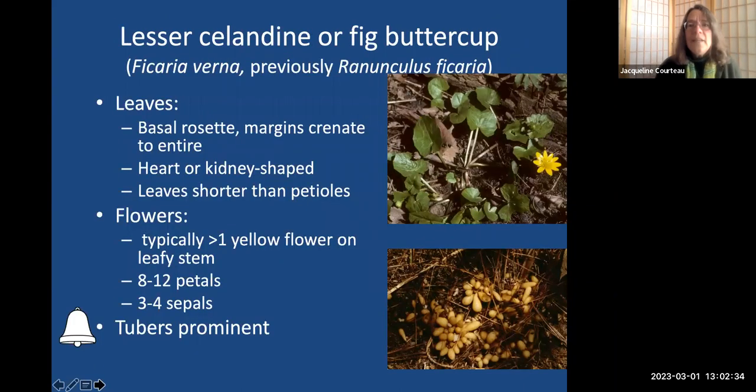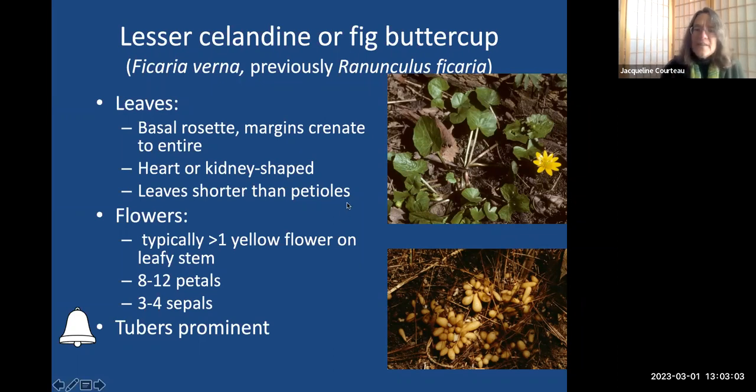I just wanted to spend a minute here on lesser celandine or fig buttercup, now called Ficaria verna, previously Ranunculus ficaria. It looks very buttercup-like, and it does have a basal rosette. Crenate to entire leaves that are heart-shaped or kidney-shaped. And you can see these are really long petioles, longer than the leaves.